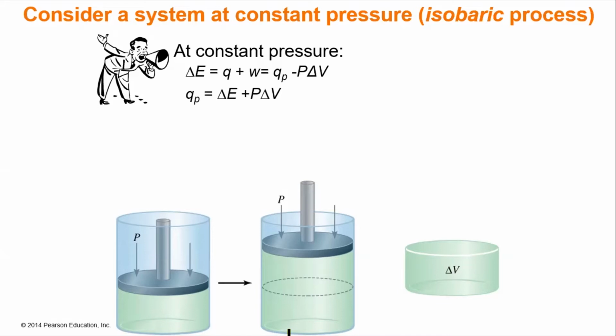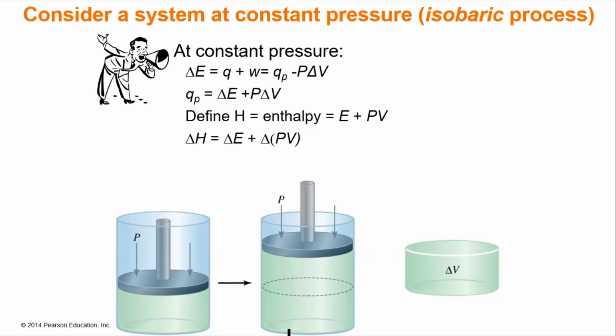Remember we said I'm going to make this property enthalpy, and I'm going to say that it is E plus PV. So if I have a change in my system, there's going to be a delta H, which would be delta E plus delta PV. In other words, the change on the left is the change on the right.